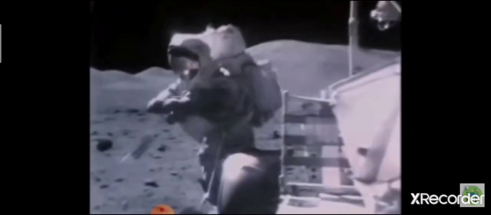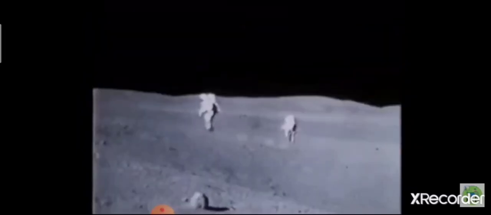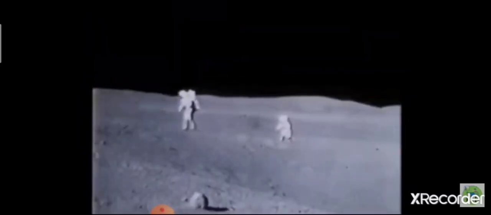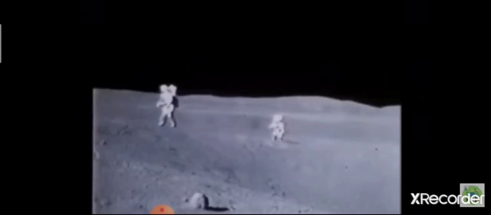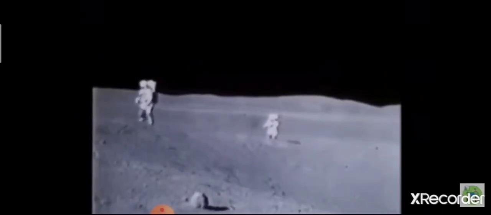This is a fun fact: the suits which these astronauts wear have a mass of about 127 kilograms. These astronauts are moving freely, or we can say very easily, from one place to another, and the weight of their suit is near about 127 kilograms.